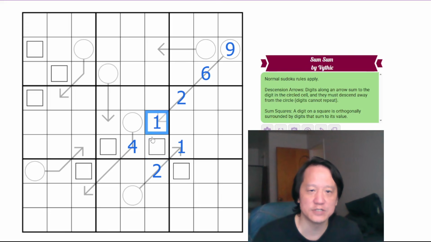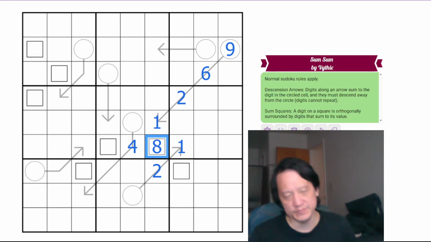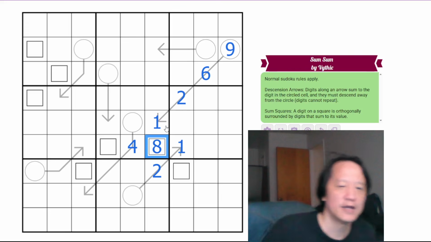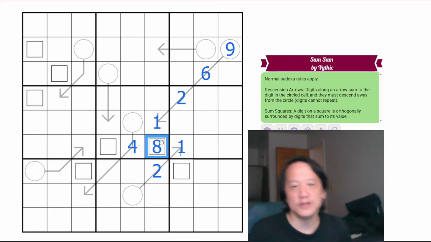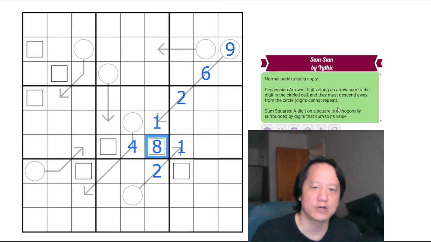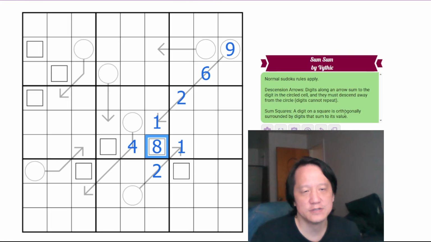That means cells that share an edge with it. So for example, this square would be the sum of all 4 of the cells that share an edge with it. And 1 plus 1 plus 2 plus 4 adds up to 8. So that's an example of how these sum squares work. And that's the second part of the sum.